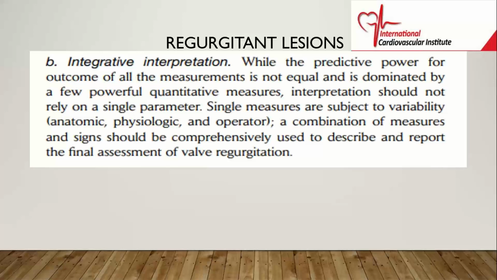So if you're doing color flow, you need to look at your PISA, the regurgitant volume, the EROA, the effective regurgitant orifice area. You need to look at chamber size. So you need to incorporate everything.